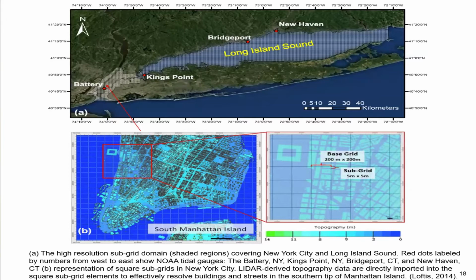And so the bottom panel showing the South Manhattan Island is being digitized with a subgrid. So base grid is 200 meter by 200 meter, and subgrid is a grid subscale and within the base grid. So it is a 5 meter by 5 meter resolution here.